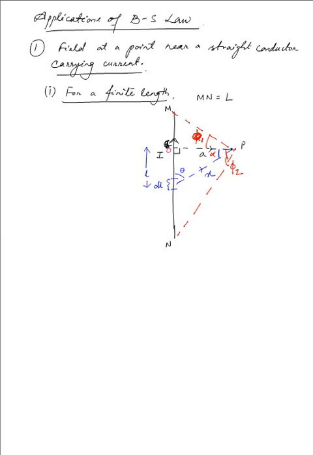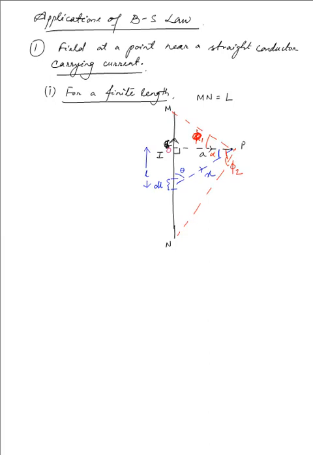So with respect to that perpendicular OP, phi 1 is the angle subtended by the uppermost point at the point P, and the bottommost point N subtends an angle phi 2. So that phi 1 and phi 2 together cover the entire length of the given wire.